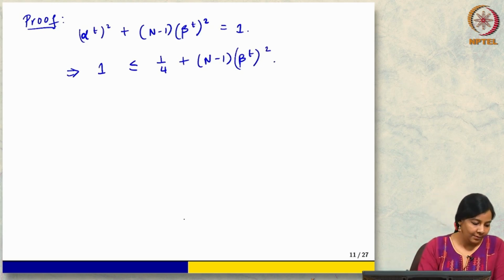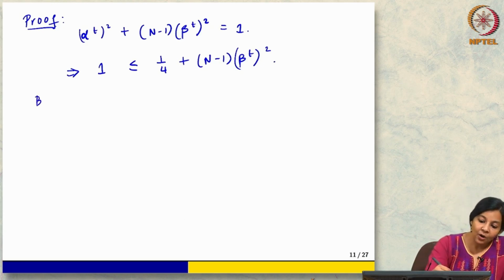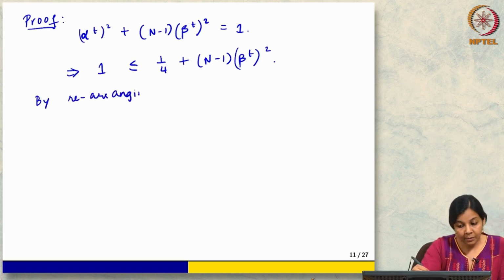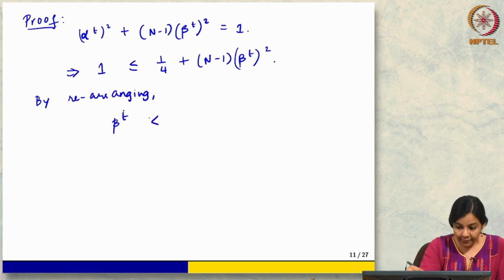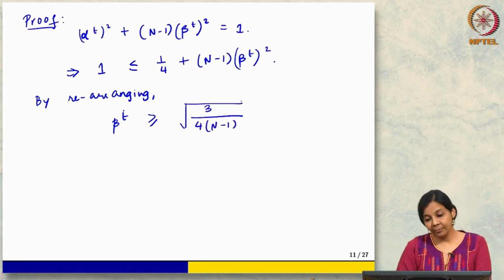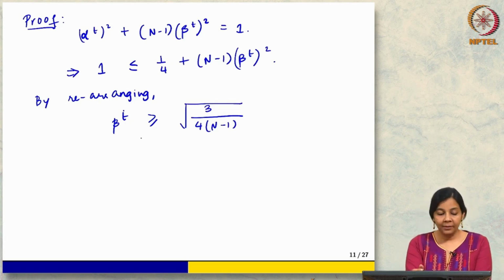This is just some simple thing. Now by rearranging, which I will not do, we can get that beta t is greater than equal to square root 3 over 4 n minus 1. It's obvious, right, how you get this? Okay, good. So we got this.